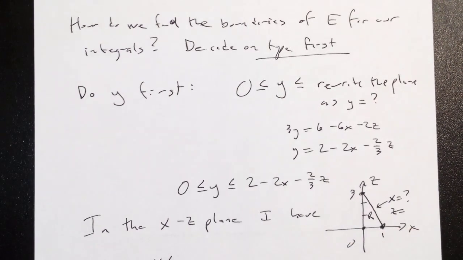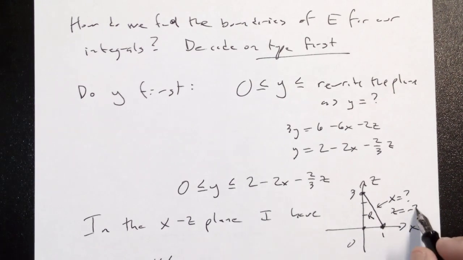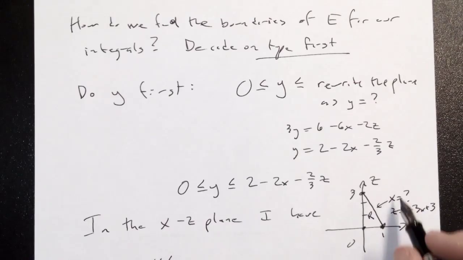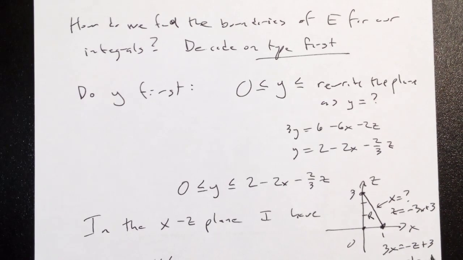What's the equation for that line? It's a line. What's its slope? What's its intercept? Which means if I rewrite that as x equals, 3x equals negative z plus 3, or x equals negative 1/3 z plus 3 over 3, wait a minute, that's a 1.